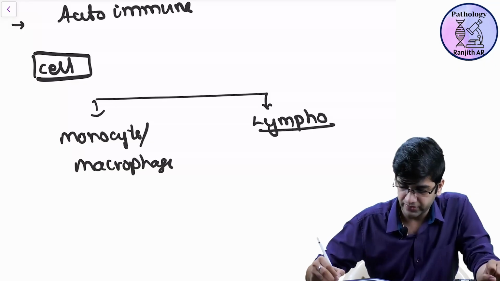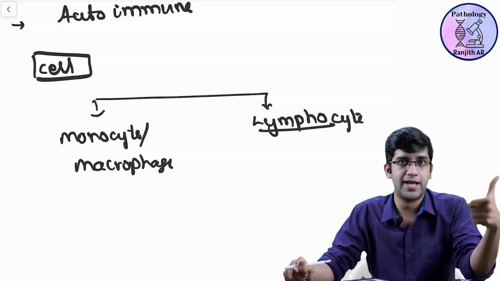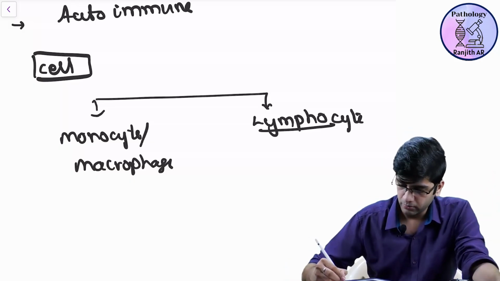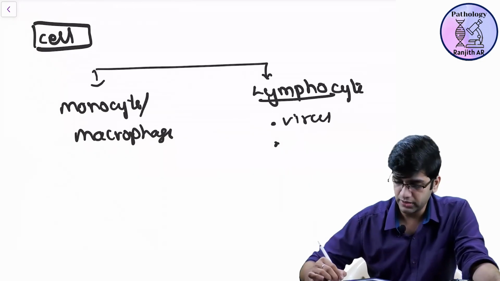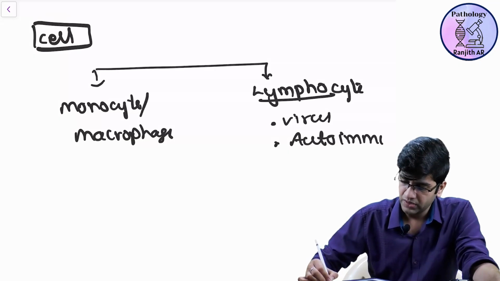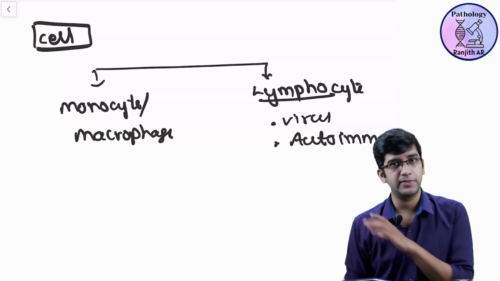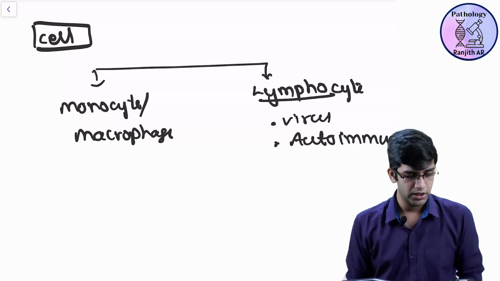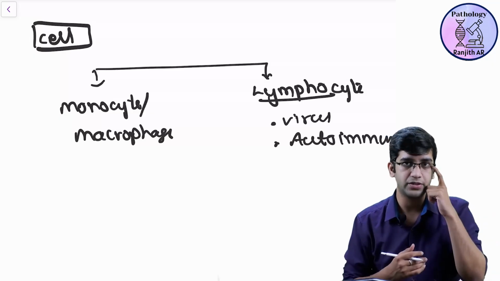As we already read, lymphocyte means I'm going to have two things in my mind: virus and autoimmune disorder. If the chronic etiology is either virus related or an autoimmune disease, I will have lymphocyte predominance, lymphoplasmacytic predominance. So we are done with the cell of inflammation.